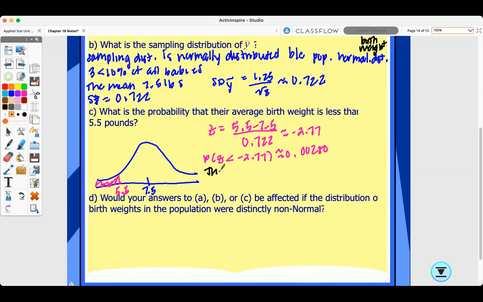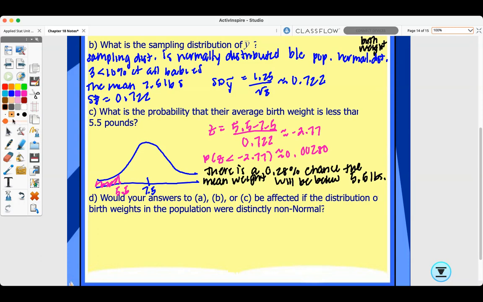So there is a 0.28% chance the mean weight will be below 5.5 pounds. Would your answers to A, B, or C be affected if the distribution of birth weights in the population were distinctly non-normal?